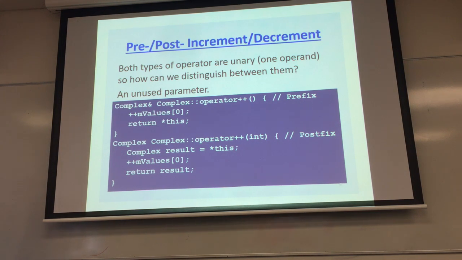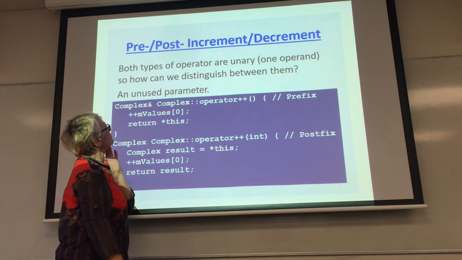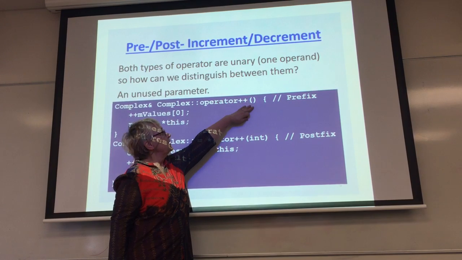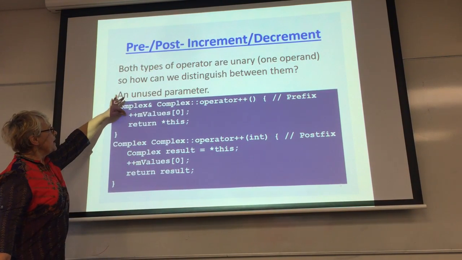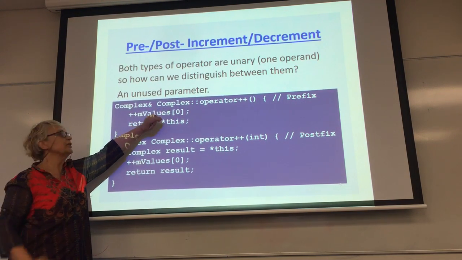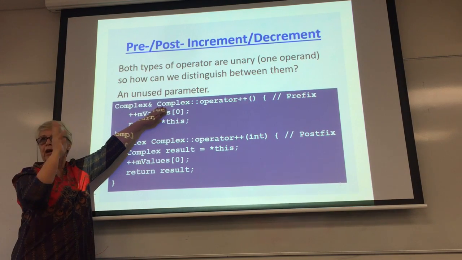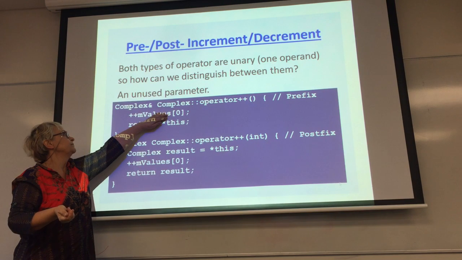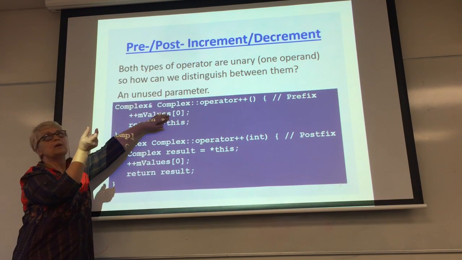Notice that both take one argument, we have seen i, and for the prefix operator, what we do is increment the value of our current object. This is for complex numbers, where going to the next means you just increment the real part.